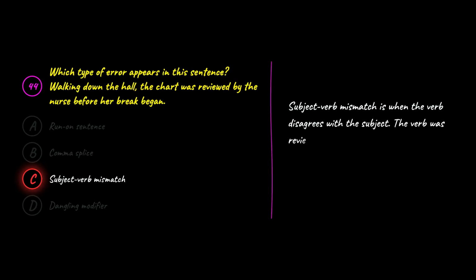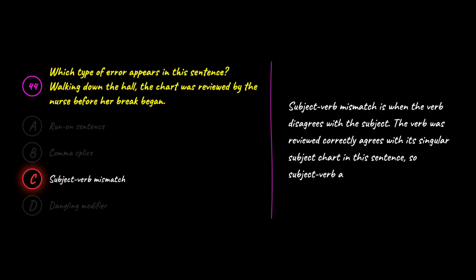The verb was reviewed correctly agrees with its singular subject chart in this sentence, so subject-verb agreement is not the actual problem here. A dangling modifier is an introductory phrase whose implied actor doesn't match the grammatical subject of the sentence that follows. Understanding why this happens and how to fix it comes down to one core rule about how English grammar attaches phrases to subjects.